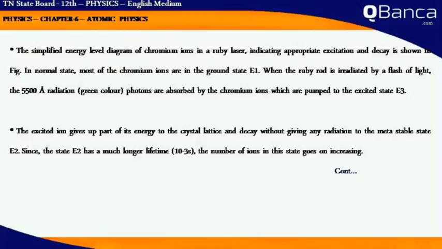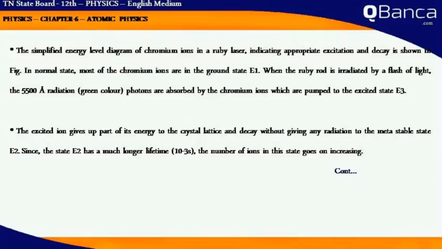When the ruby rod is irradiated by a flash of light, the 5500 Angstrom radiation, that is, green color photons, are absorbed by the chromium ions which are pumped to the excited state E3.